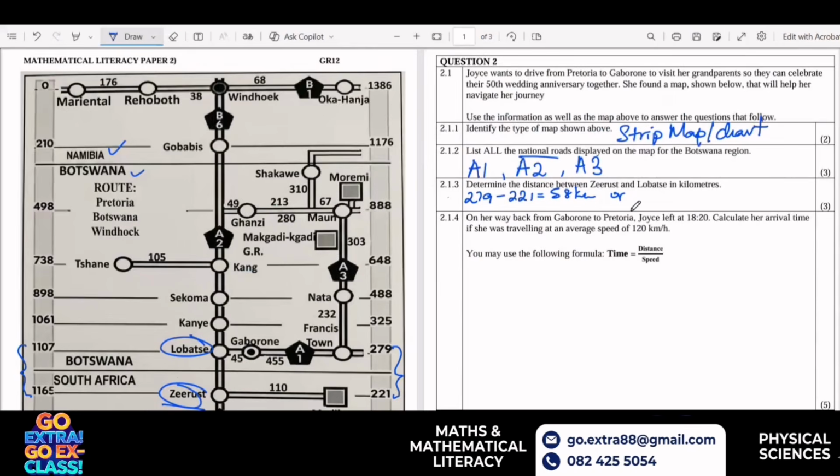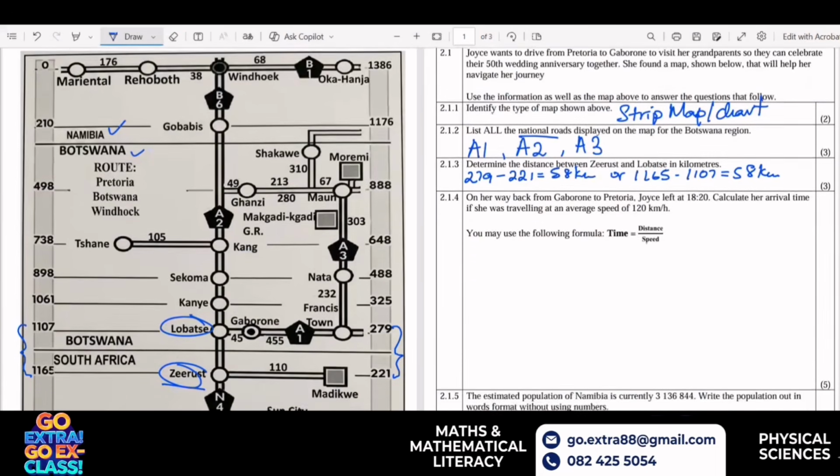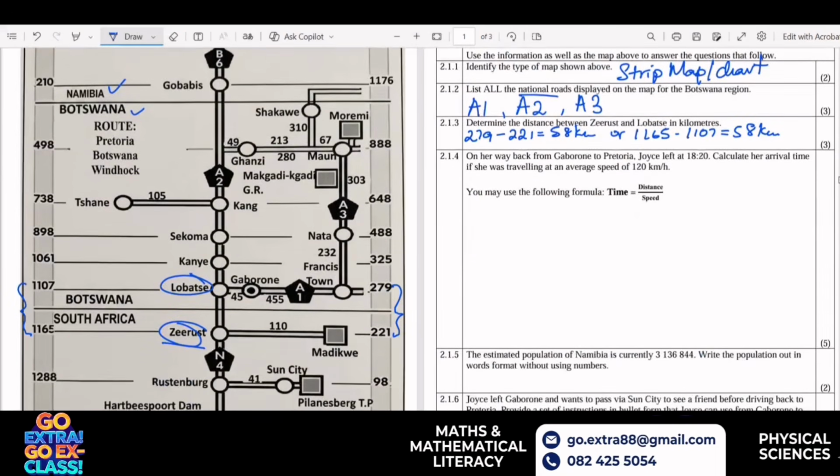Or you can use the other side on the right. When you're using the side on the right, the distance increases as you go this side. Therefore, you can also use 1,165 minus 1,107. So also this is supposed to give you the same distance. So that is your answer for that one. You get your 3 marks by just writing any of these two.